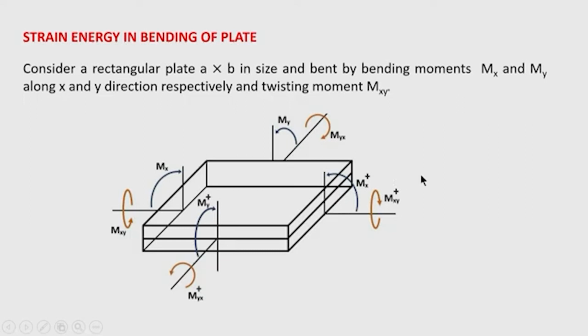The increment of the moment is dMx, del Mx by del x into dx, along the x direction. Similarly, My is the bending moment along the y direction. On the opposite edges the bending moment will be My plus. What does it mean? My plus means My plus del My by del y into dy. So, these are the increments.